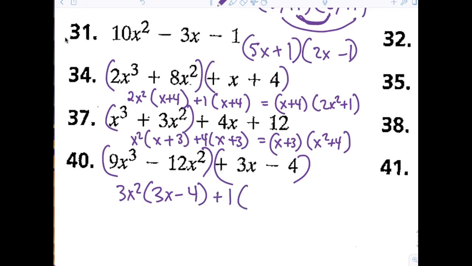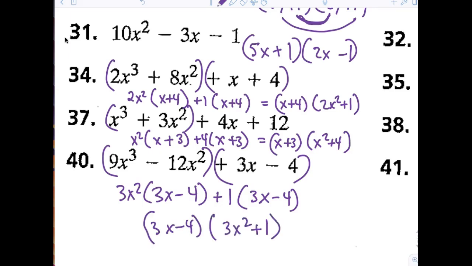And then 3x. Good job. So final answer: 3x minus 4 and then 3x squared. Yeah, I like that. That's not hard. Thank you. Good job. Well, if nothing's common, plus 1. All right?